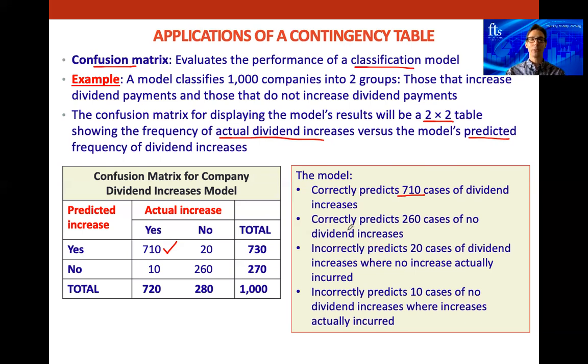And what is it also correctly predicting? It's correctly predicting 260 cases of no dividend increases. So here, the prediction was for no increase in dividend, and what actually happened in the real world? Yes, in 260 cases, there was no increase in dividends. So there again, the model is working.